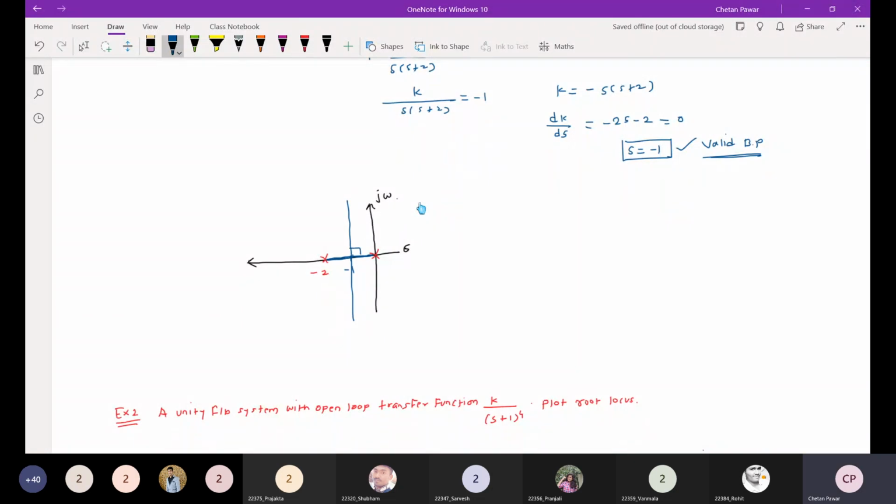This angle will be 90 degree and this angle will be 270 degree. Okay, and it is going where infinite zero exists. Similarly, this branch will go where infinite zero will exist.